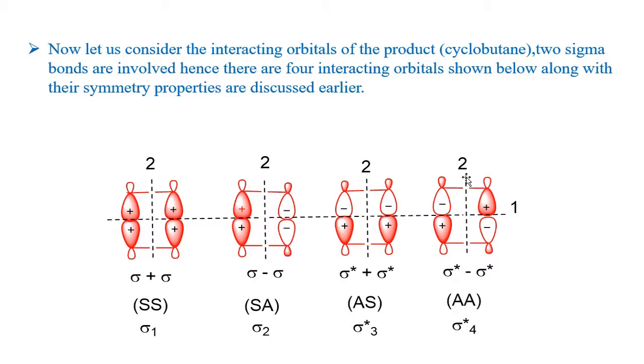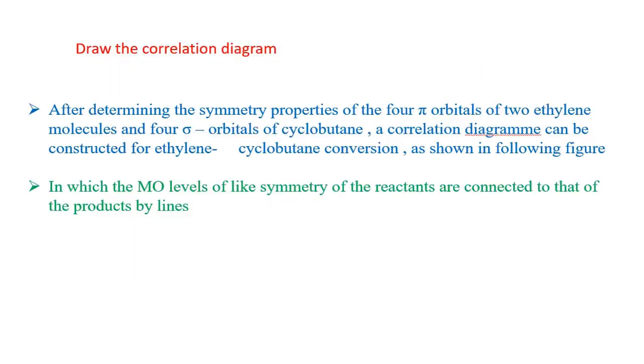Okay, that is the first step in correlation diagram method of analysis, right? After determining the symmetry properties of the 4 pi molecular orbitals of two ethylene molecules and 4 sigma molecular orbitals of the cyclobutane, a correlation diagram can be constructed for ethylene cyclobutane interconversion, in which the molecular orbital levels of like symmetry of the reactants are connected to that of the products by lines.